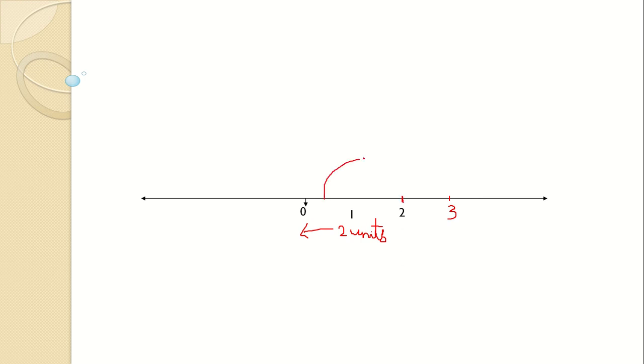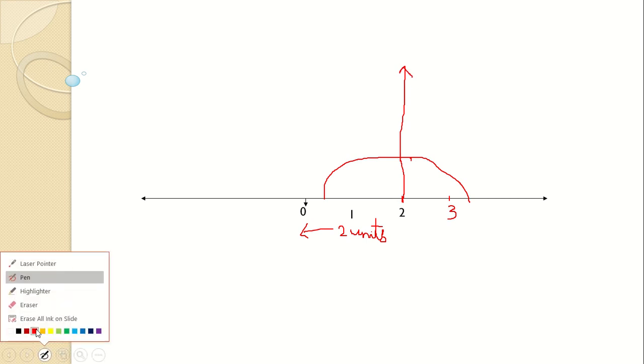This is my protractor, and here I have 90. Where the 90 is, just draw a 90-degree angle here at 2. Like this, and draw an arrow like that.